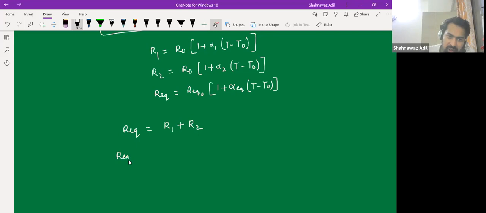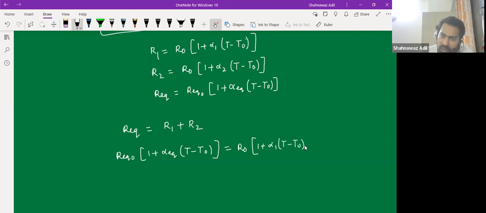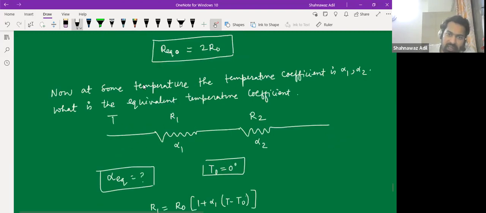R equivalent naught (1 plus alpha equivalent (T minus T naught)) is equal to R naught (1 plus alpha 1 (T minus T naught)) plus R naught (1 plus alpha 2 (T minus T naught)). So R equivalent naught, I already know how much that is. That is 2 R naught.